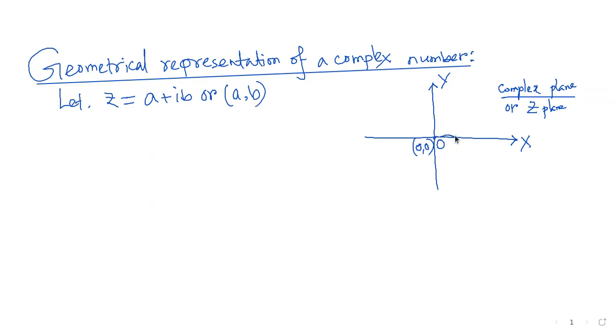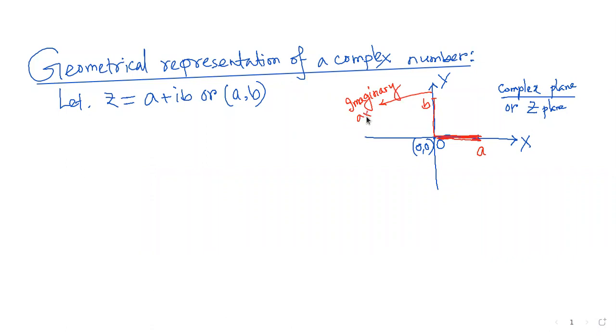So for example, if this is a, this is a, and this is b, because this is the imaginary axis. Remember this, this is the imaginary axis, not the y-axis.